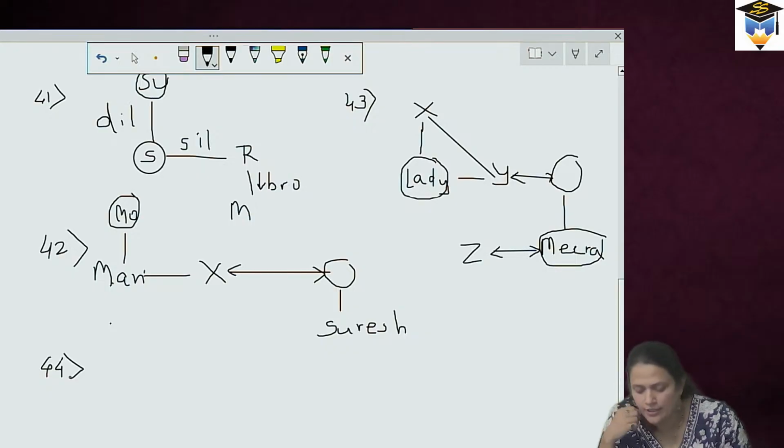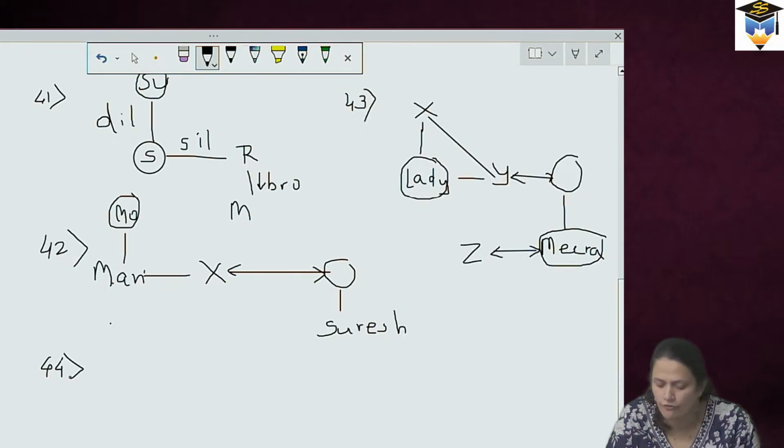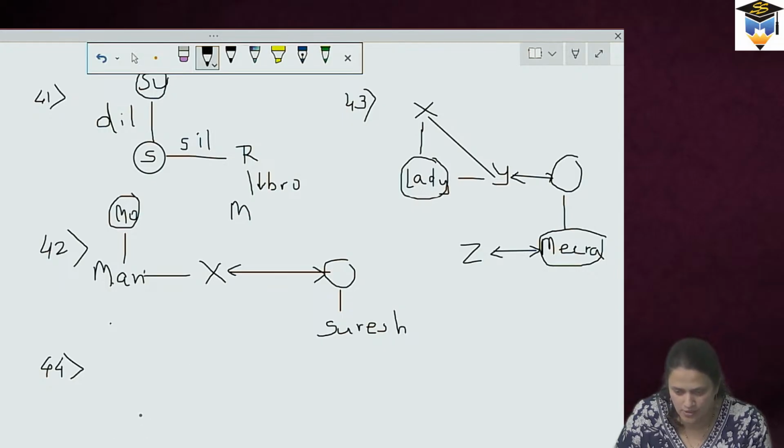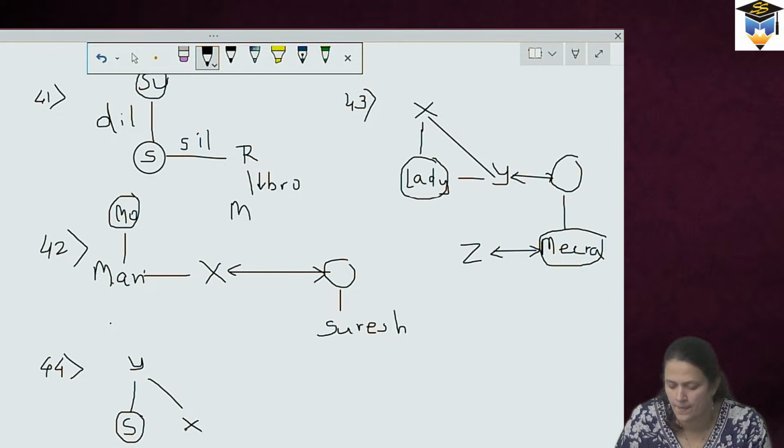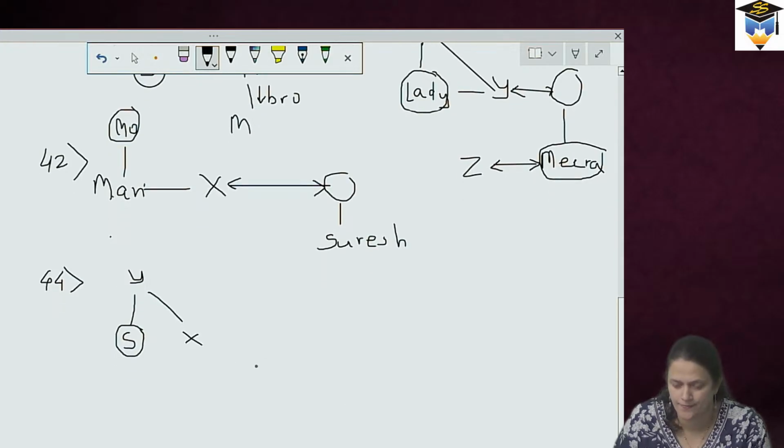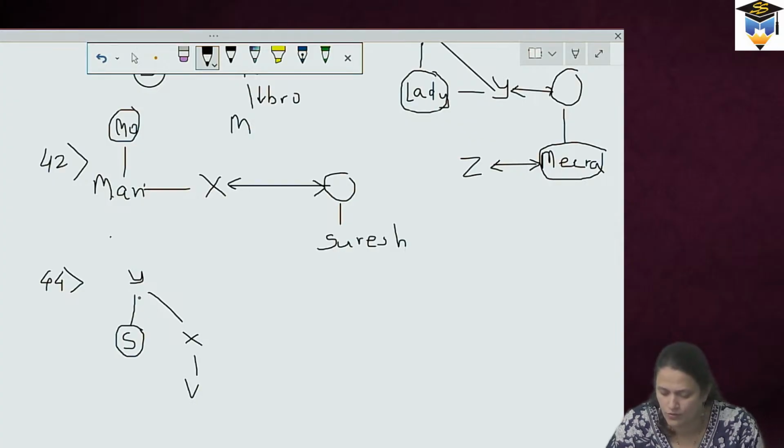Pointing to a lady in a photograph, Vikas said she is a daughter of my grandfather's only son. So let's say she's a lady, who has a son X, who is the grandfather of Vikas. See, what is given?